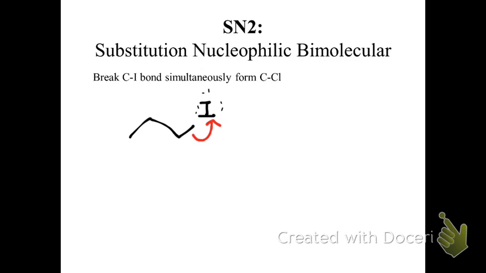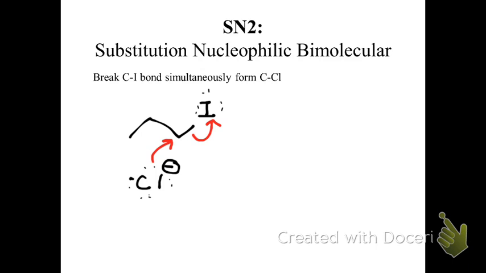So we've now broken that bond, but it says I have to form the carbon-chlorine bond at the same time. How can I show the formation at the same time? I need to show another sequence of arrows showing the chloride coming in from the other direction. Okay.